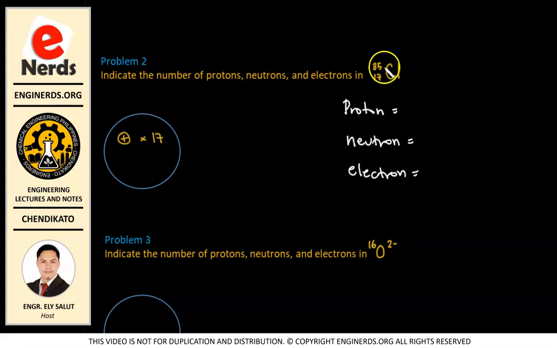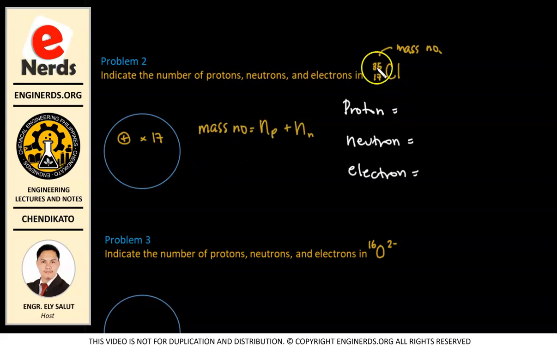Now, on the superscript on the top left of our symbol for the element, we have 35. And we know that this is our mass number. Our mass number is equal to the number of protons plus the number of neutrons.